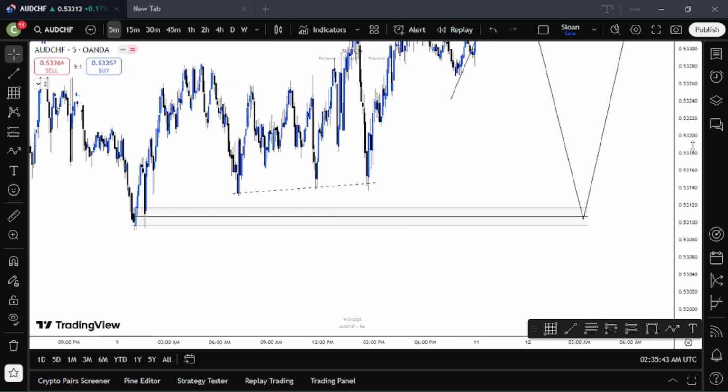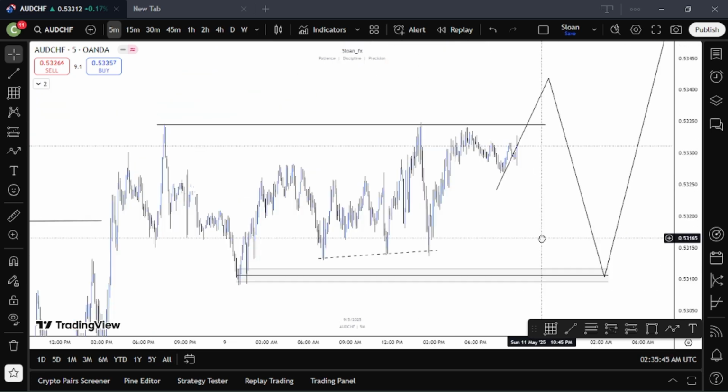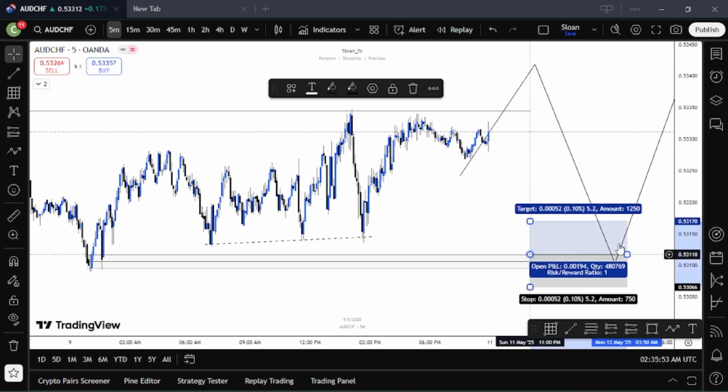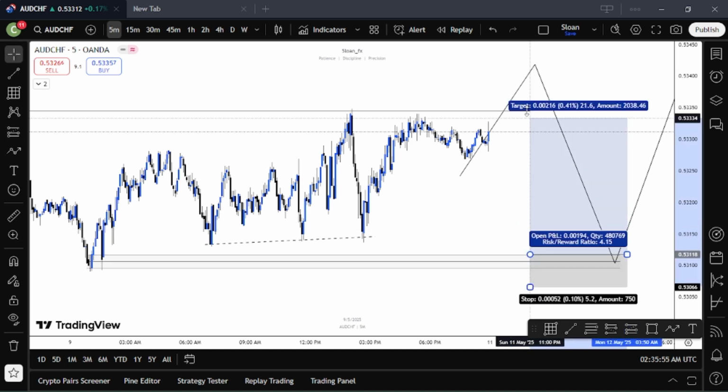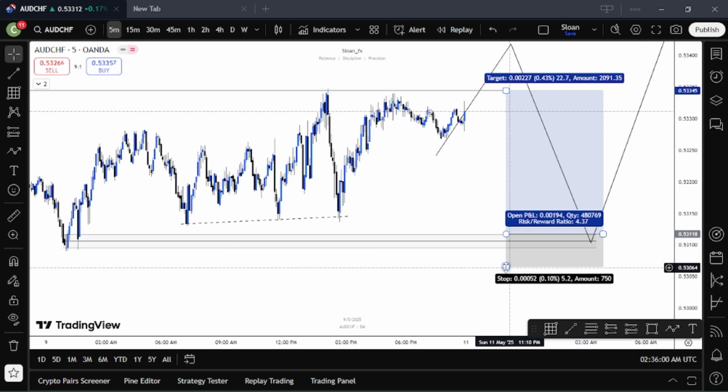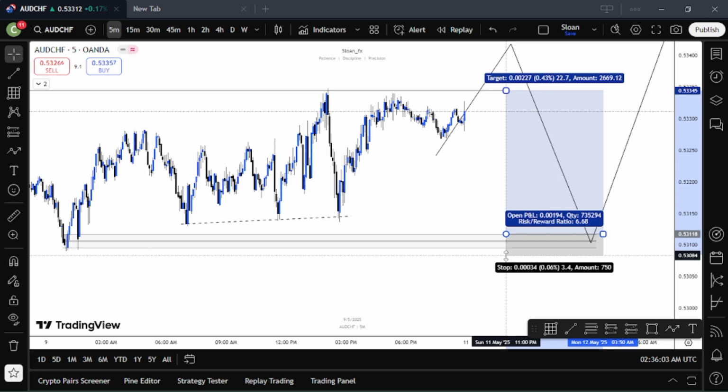Alright, let's see. Setting my take profit slightly at this range here, this zone here, and then my stop loss slightly below.